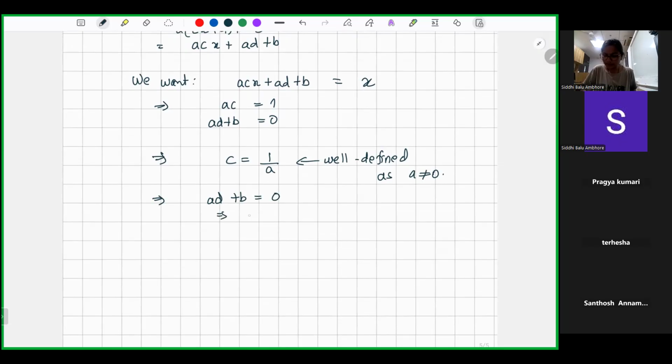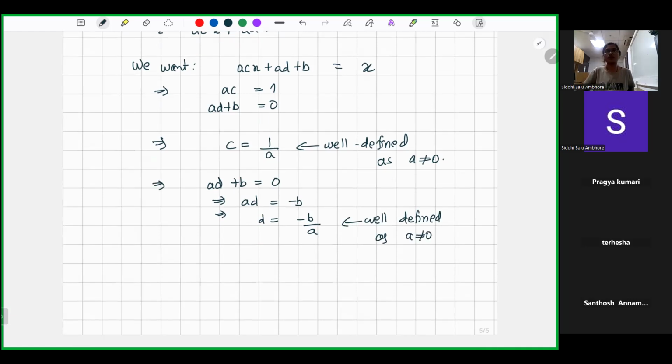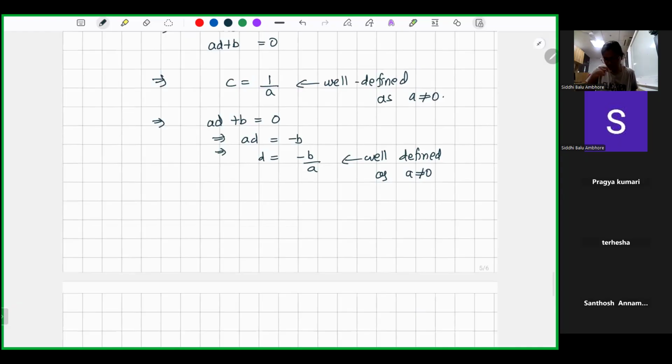So ad is equal to minus b, and then d becomes minus b by a. Again, this is well defined because a is non-zero. So the inverse of f(a, b) is f(1 by a, minus b by a).